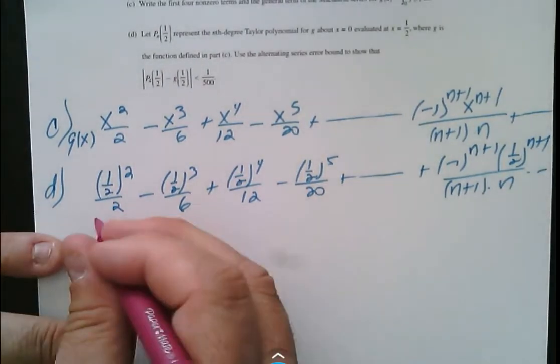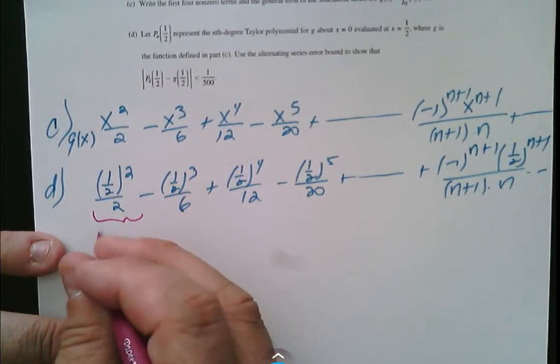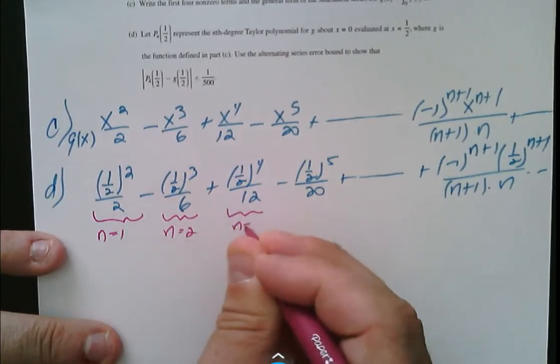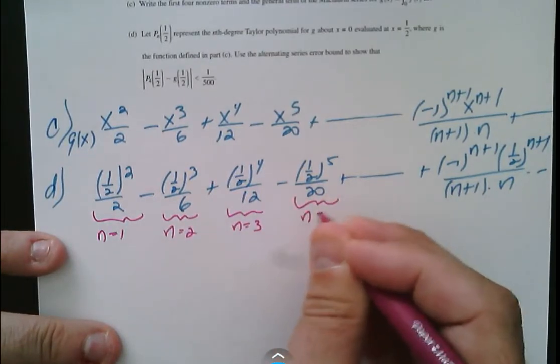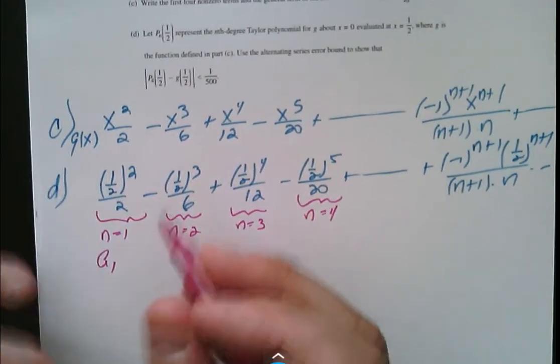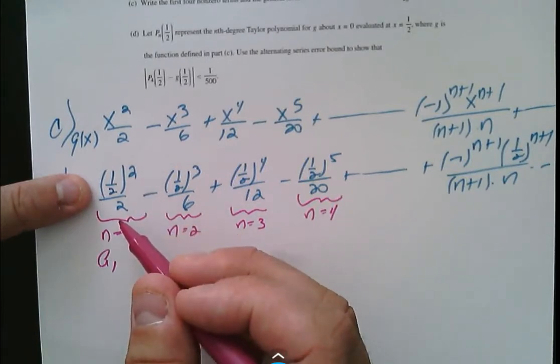If I look at each term, okay, so here's the term for n equals 1, n equals 2, n equals 3, n equals 4. A1, my first term is 1/2 squared divided by 2.